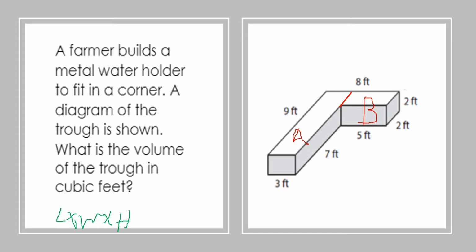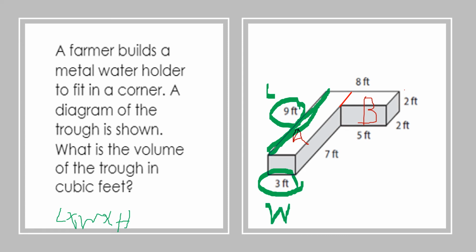All right, so here we go. So in A, I already see that my length is 9. It's 9 feet, right? So here's my length. Now I see my width is right here. My width is 3 feet. But then I'm like, what about my height? I don't see anything over here.